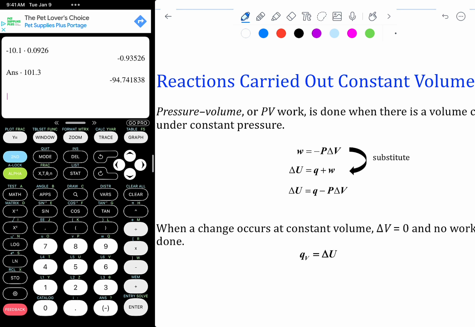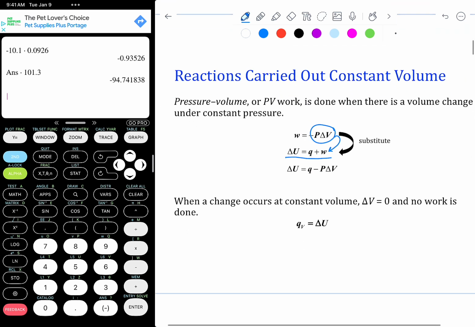So we can plug that in for W as we see here. We're just plugging this negative P delta V in there, and we get delta U is equal to Q minus P delta V. So it's just a new expression for our internal energy equation.